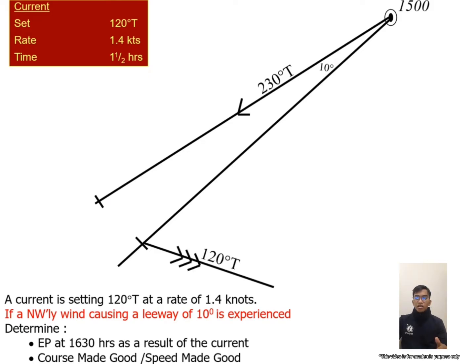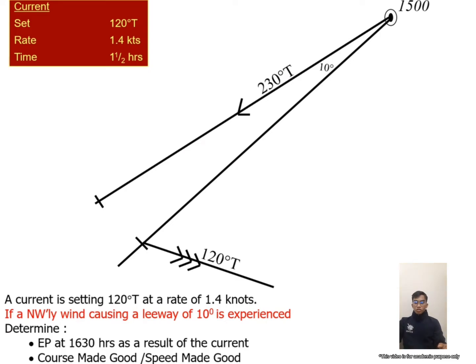You draw 9 nautical miles again, and that becomes estimated position 1. From estimated position 1, draw the current direction, or the set of the current. It will be drawn towards 120 degrees because that's where the current is going to. Currents are always drawn in the direction where they are going to. The 3 arrows will be pointing towards the direction of the current.